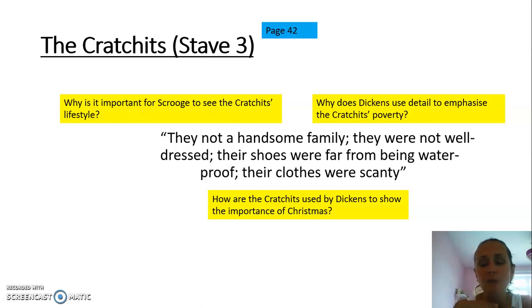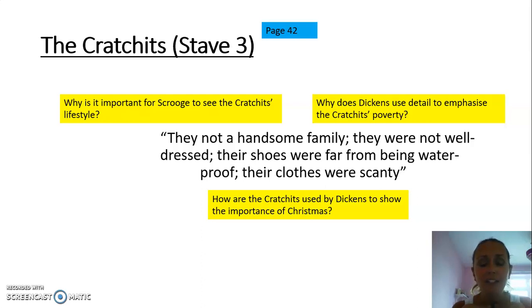One of your facts from earlier as well, if you remember, is that Dickens uses an overly sentimental tone to describe the Cratchit family at this point in the story, and he's using lots of detail to emphasise that Cratchit poverty to support his message and to reinforce this idea that the rich do really need to be helping the poor to help that social reform come about.